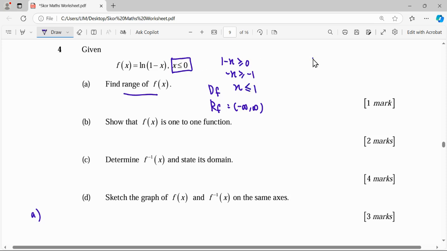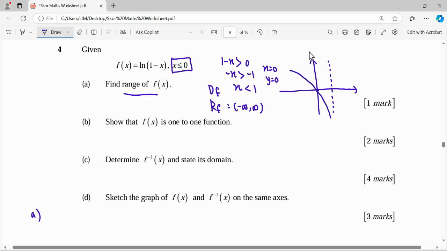So when we want to draw it, apa yang log bawah mesti besar daripada kosong. So this one is an asymptote, and then to the left, and then when x equals to 0, y equals to 0. So here, your graph here is supposed to be like this.